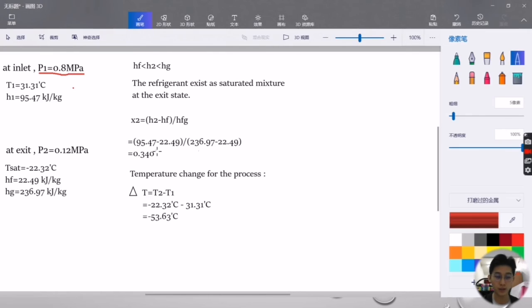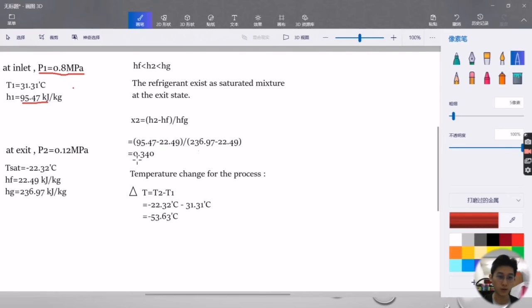To get the quality of the refrigerant, we use h2 minus hf divided by hfg. By this equation, h2 equals h1, 95.47, minus hf, 22.49, and hfg is equal to hg minus hf, so 236.97 minus 22.49.